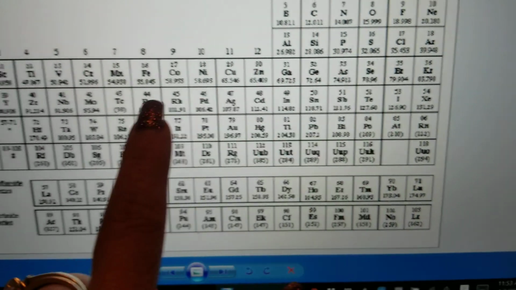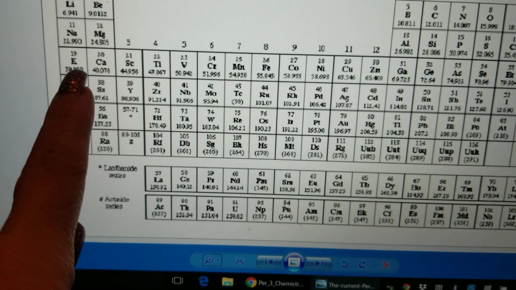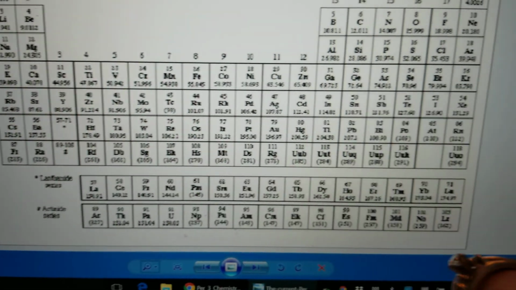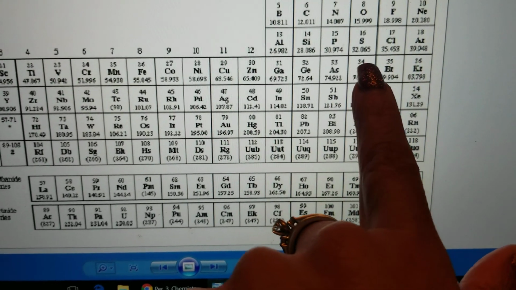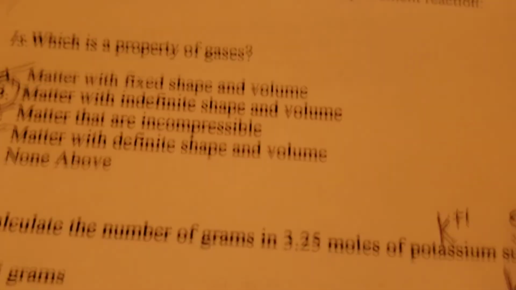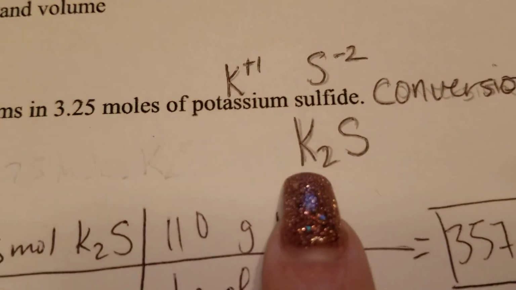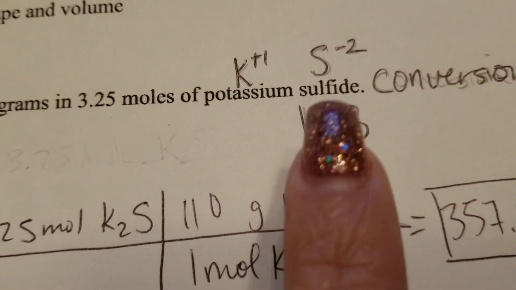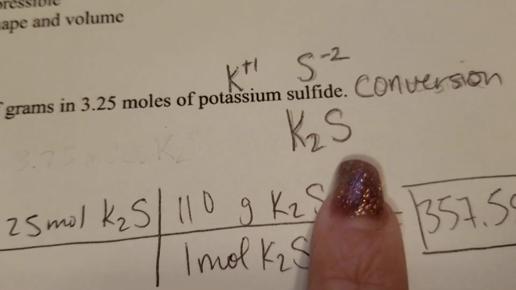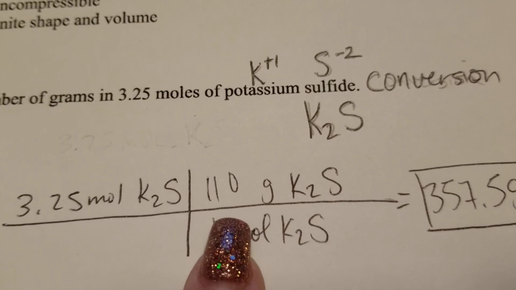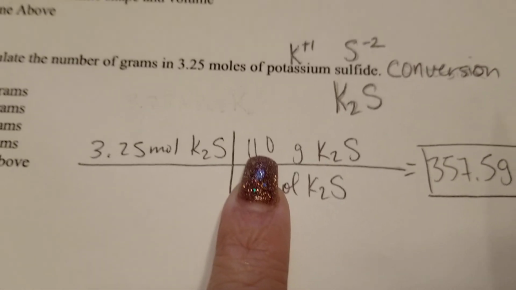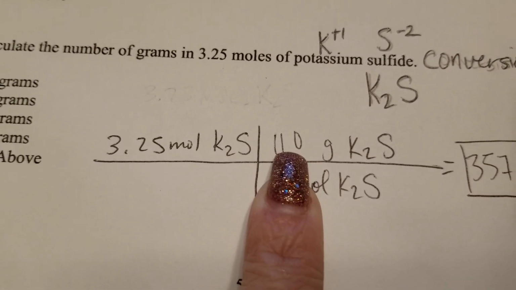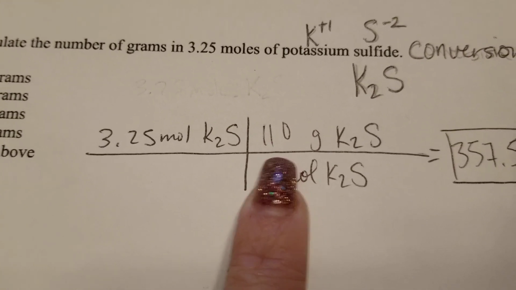Those are the decimal numbers. So you would add 39 plus 39 plus 32, right? One more time, because there's 2 Ks and 1 S, you would add up 39 plus 39 plus 32, which gives you 110.